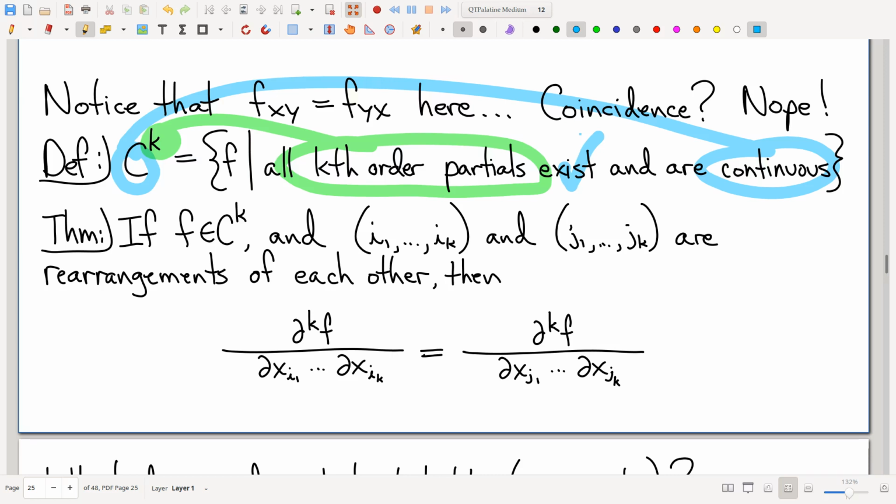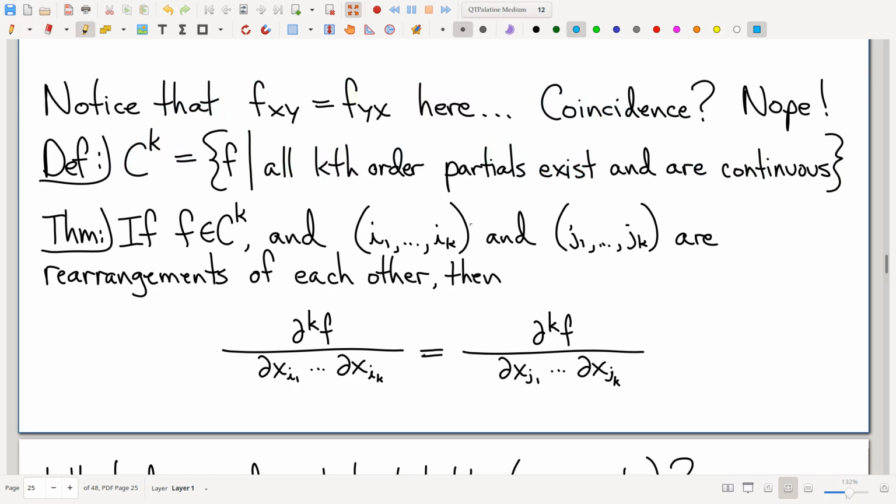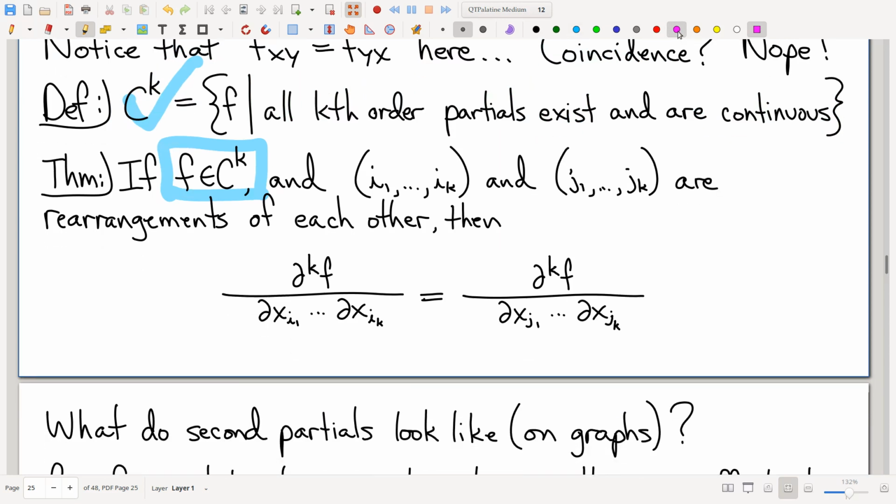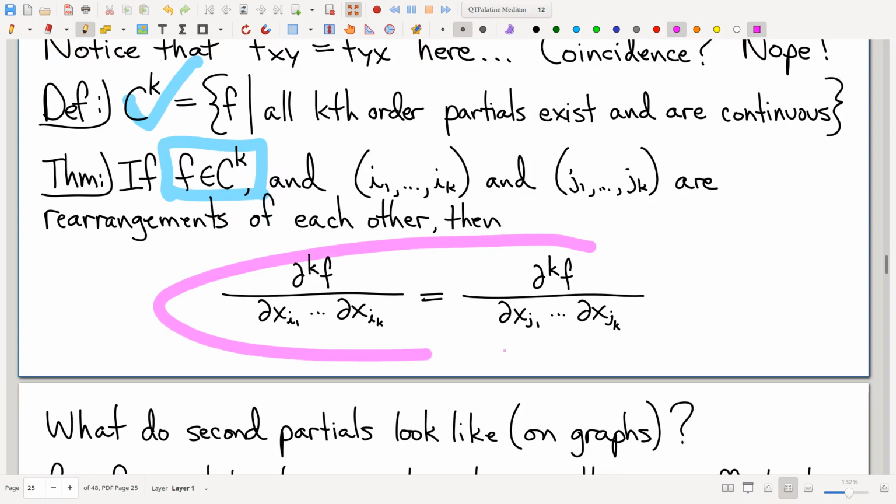So the theorem is that if a function is C^K, and I'm going to gloss over the notation here because it's just notation, it doesn't matter what order you take your partials.